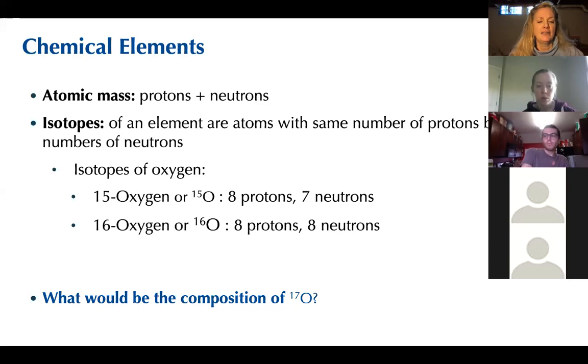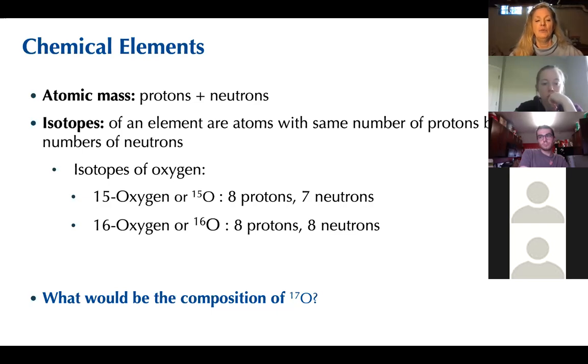So I have here oxygen 15, which has 8 protons. Having 8 protons is its atomic number. It's what makes it oxygen. The other thing contributing to its weight is the neutrons. 8 plus 7 is 15, or conversely, you could say 15 minus the 8 protons tells me that with oxygen 15, I have 7 neutrons.